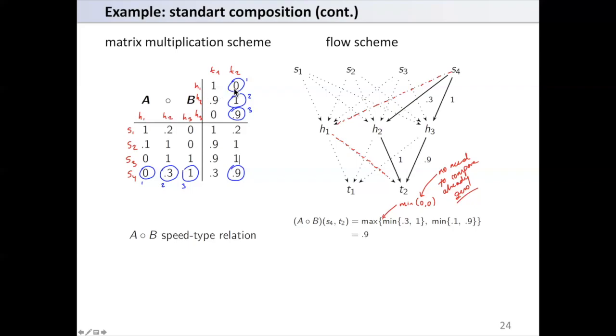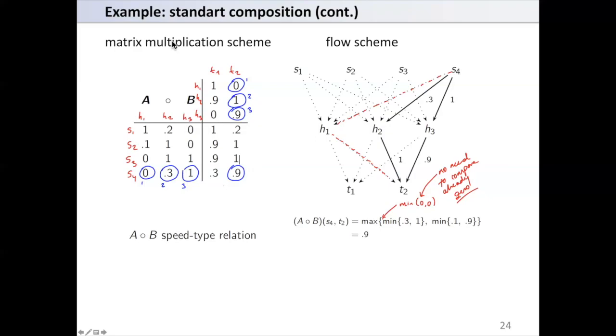So the minimum of 0, 0 is 0, 1 and 0.3 is 0.3, and 0.9 and 1 is 0.9. We are choosing the maximum of them, 0, 0.3 and 0.9. Maximum is 0.9. So in this manner, all the values are calculated.